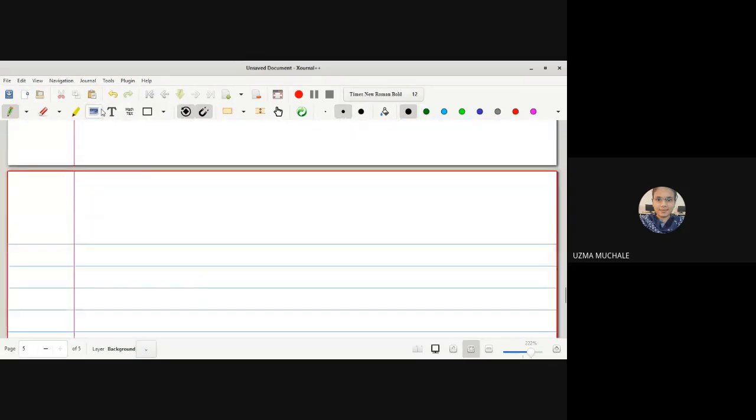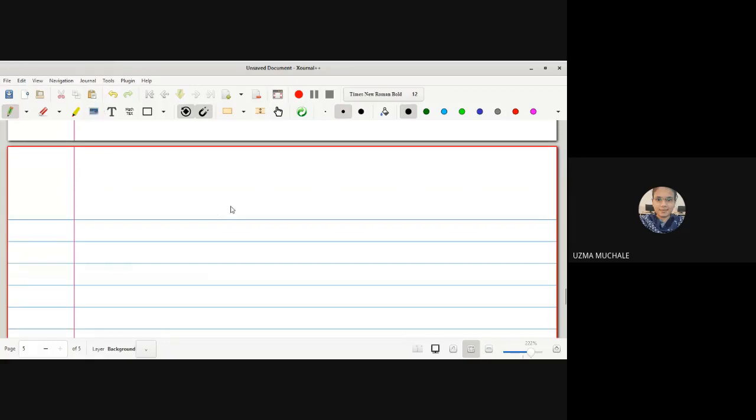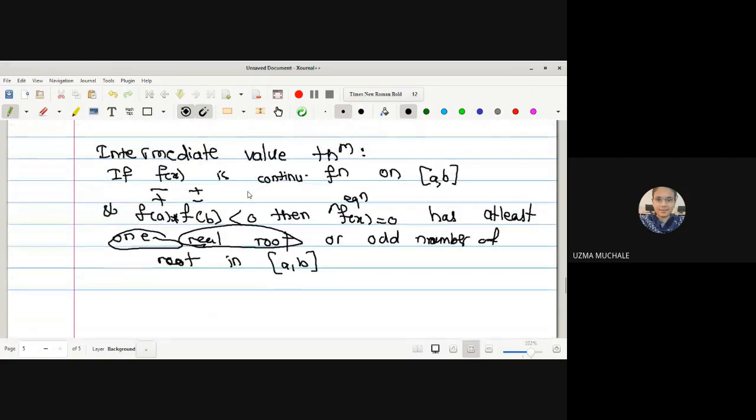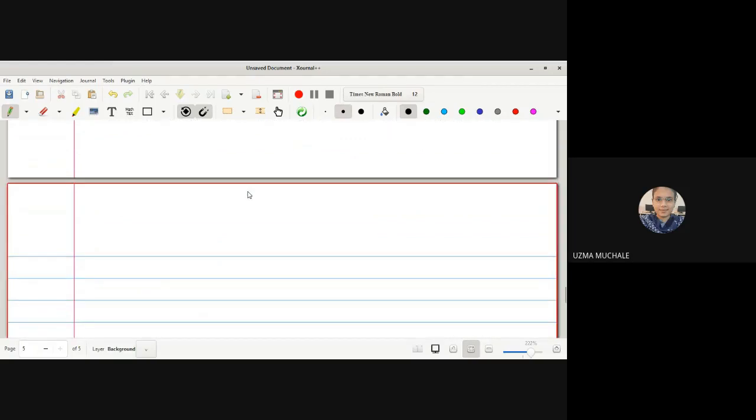Now let us see what this theorem is. F of x is a continuous function on the closed interval a b.